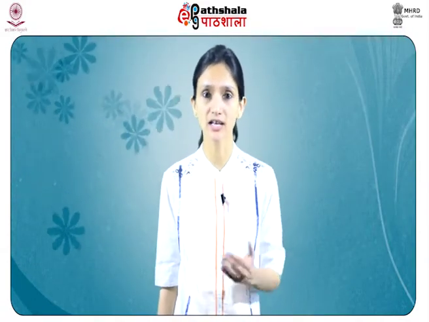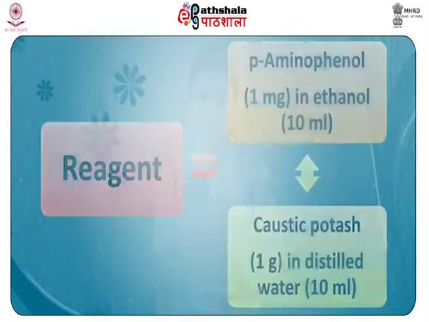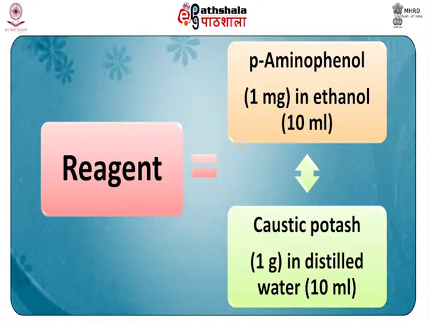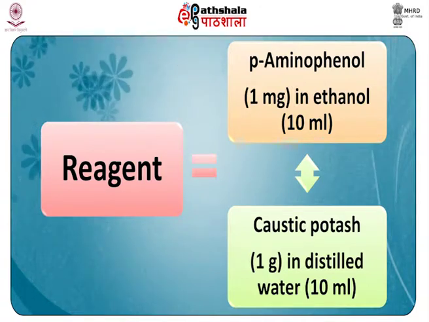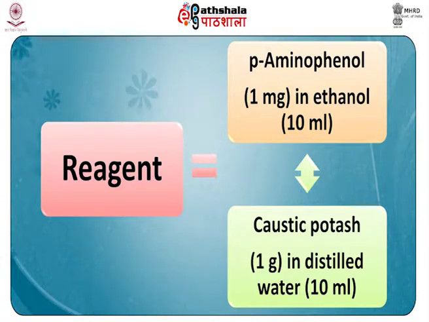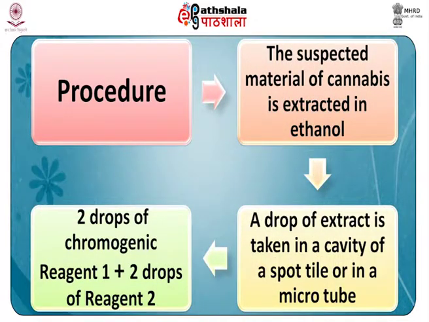Next is the test for differentiation between bhang, ganja and charas. Preparation of reagents: Reagent 1 is 1 milligram of p-aminophenol in 10 ml of ethanol. Reagent 2: 1 gram of caustic potash is dissolved in 10 ml of distilled water. Procedure: the suspected material of cannabis is extracted in ethanol.